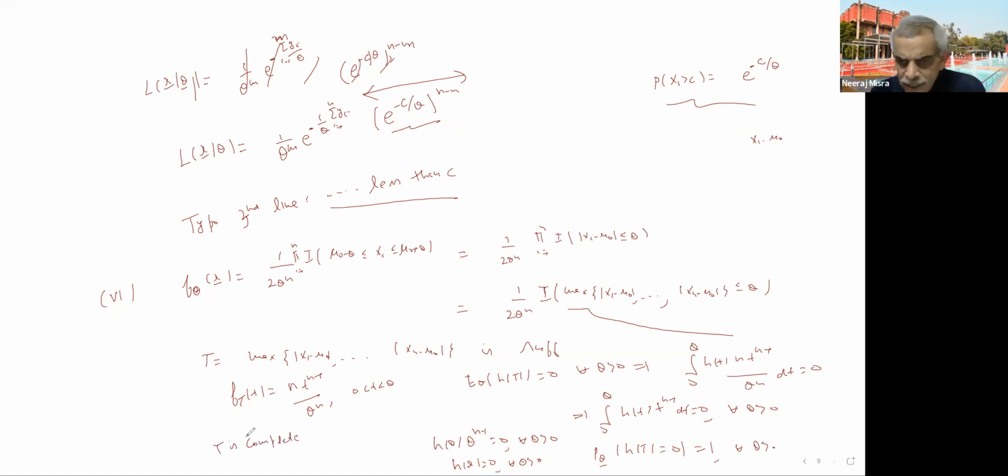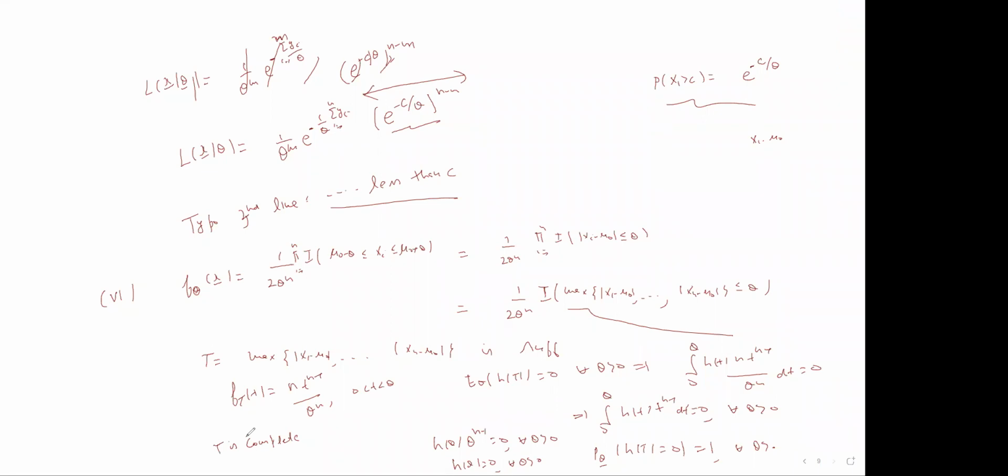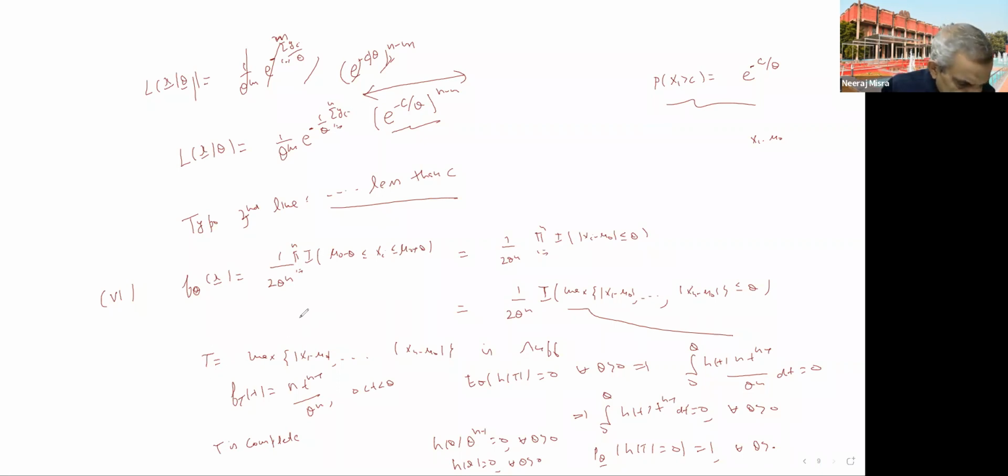Is this okay up to this point? Yes, sir. Okay, so T is complete sufficient. So I just need to get the UMVU; I just need the expected value of t to the power r. Let's see what the expected value of t to the power r is. You can see from here, it is n upon n plus r times theta to the power r.